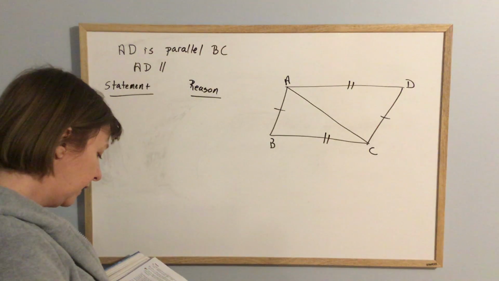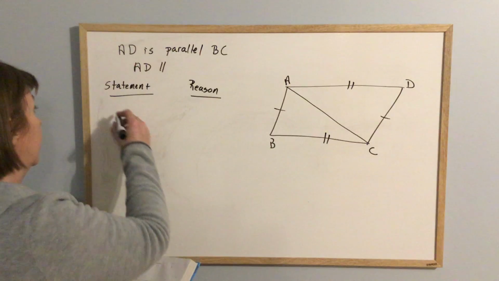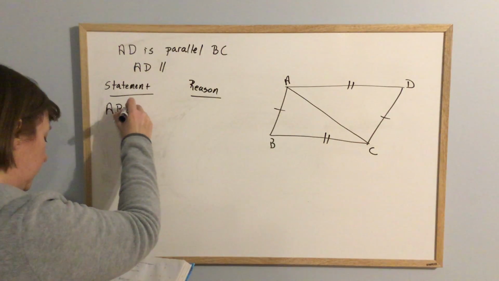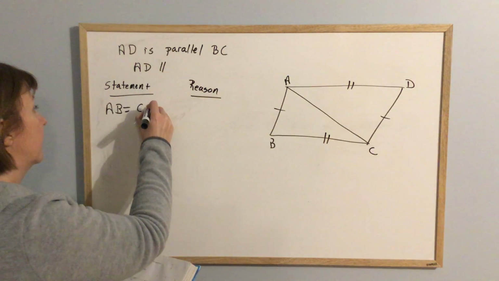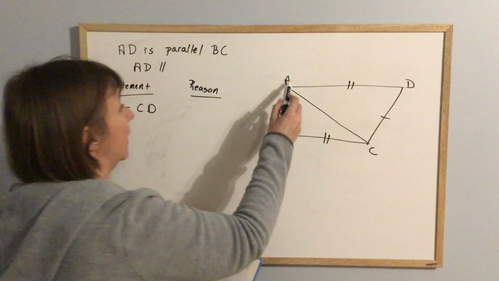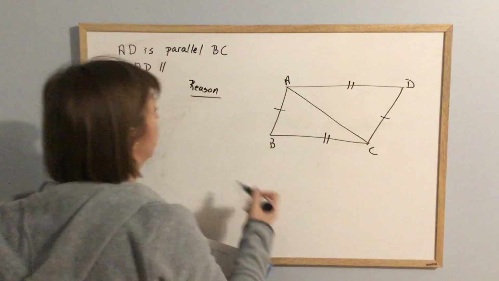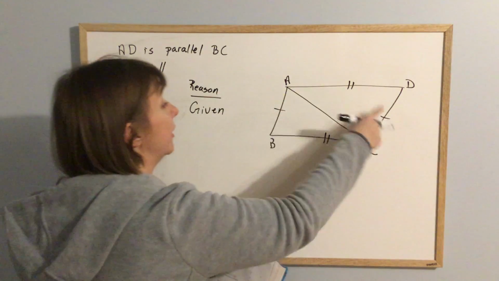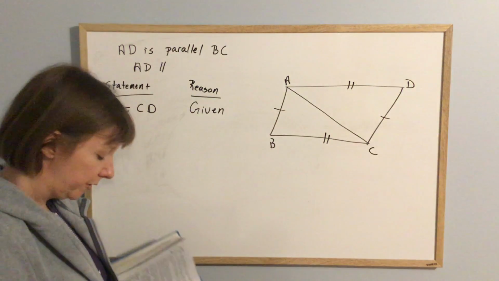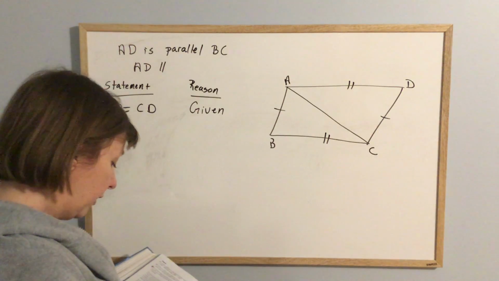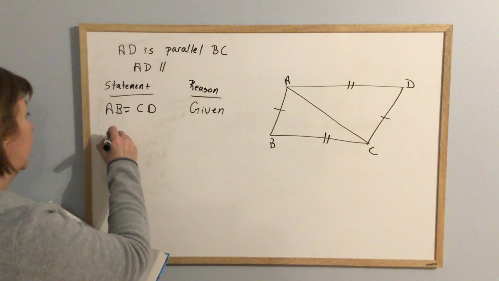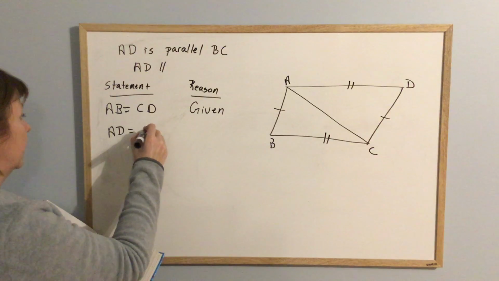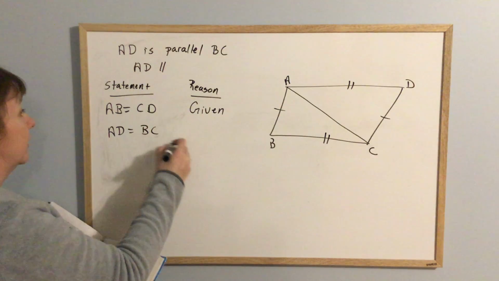So the first thing they give is that AB is equal to CD. Reason, that one's easy. It was given to us. They told us that. It's my favorite reason because it's easy. They also say that AD is equal to BC.